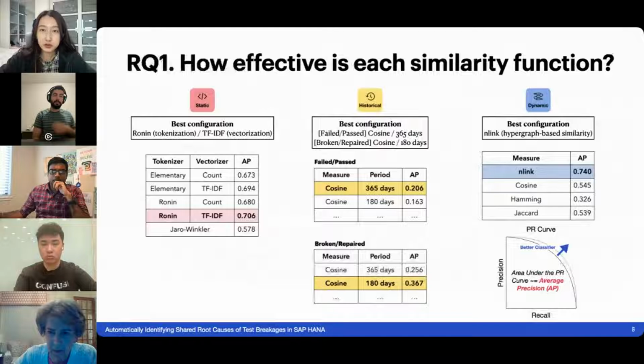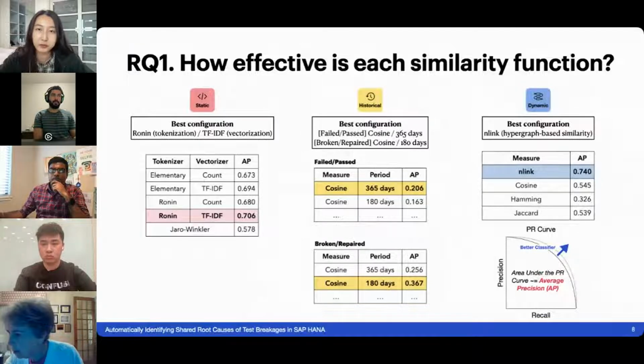Our experiment uses 27 similarity function configurations in total, and by collecting 6 months of test results, the first 3 months were used for training, and the later 3 months as the test dataset. We first compared the effectiveness of each similarity function. The effectiveness could be measured using average precision, which can be calculated from the area under the precision recall curve.